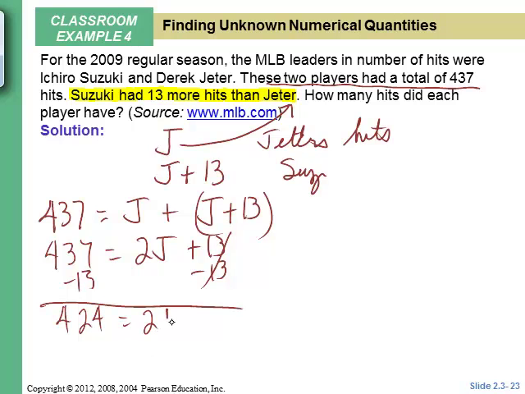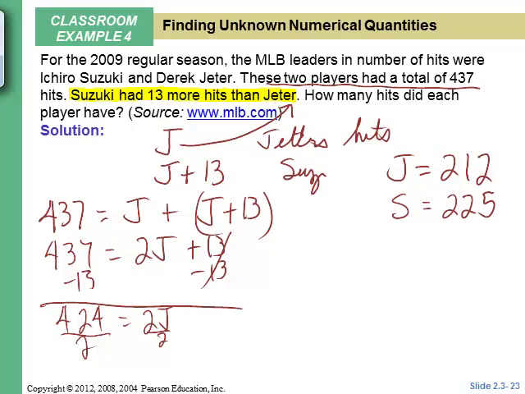That's 2 Jeter. So divide both sides by 2. Jeter had 212 hits, and Suzuki had 13 more than that, 225. Add those two together, you get 437.